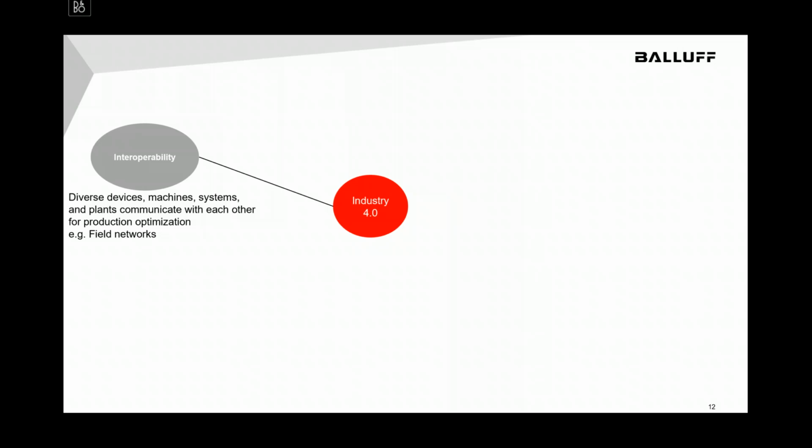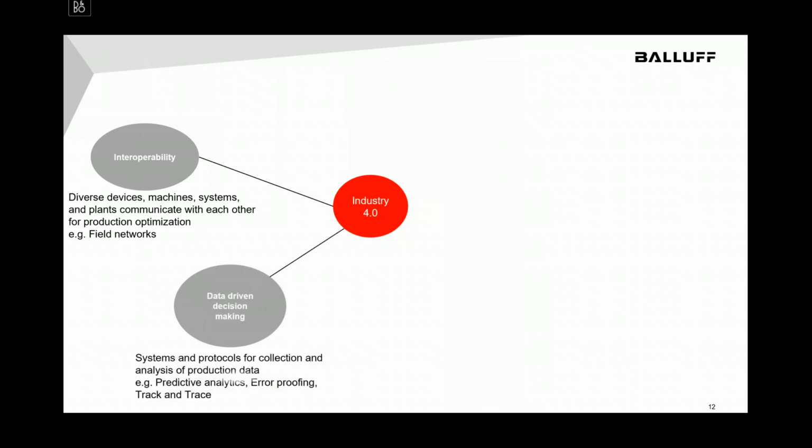The fieldbus networks that are out there, EtherNet/IP, Profinet, are helping us have that interoperability amongst a lot of different machines. The second topic is data-driven decision making, where we are collecting a lot of data to understand how our operations are progressing.